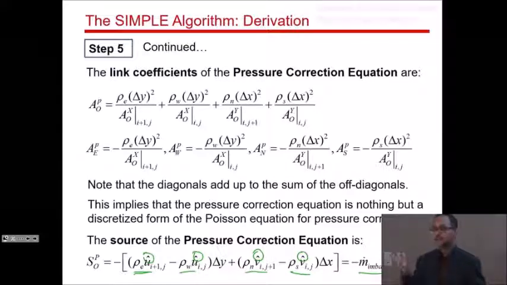You use that as a source term for another equation, your pressure correction equation. That pressure correction equation takes that mass imbalance as a source and says, I have too much mass in this control volume. Therefore, I need to adjust the pressure such that the fluid is either pushed outward or comes into the control volume. So the mass imbalance acts as a source to adjust the pressure.